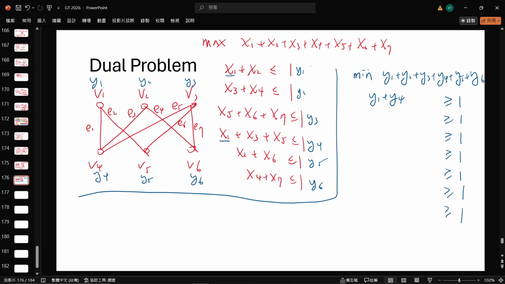Now x2. x2 appears here and here, y1 and y5. So the coefficient is just y1 plus y5. It happens to be the endpoints of E2. And now we're considering the second constraint.